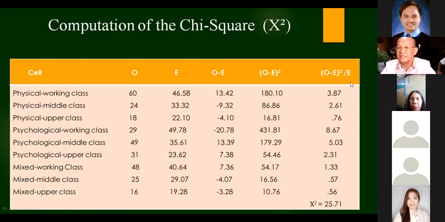No? This is a straightforward computation of the chi-square. Kanina, binanggit ko sa inyo, tingnan ano yung formula ng chi-square? OIJ minus EIJ, square over EIJ. Can you follow?